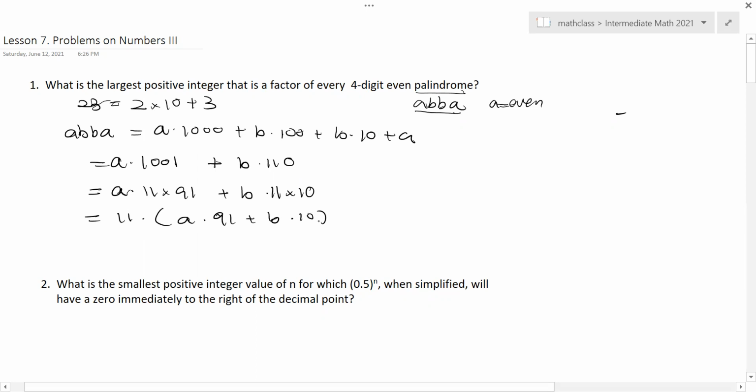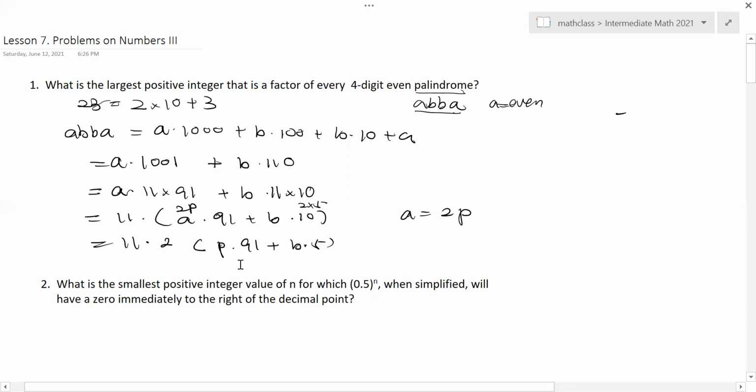So I can express A as 2p, 2 times an integer. So then I have a 2 here. 10 is also 2 times 5, right? So there's another factor 2. You can take it out. That's p times 91 plus B times 5.